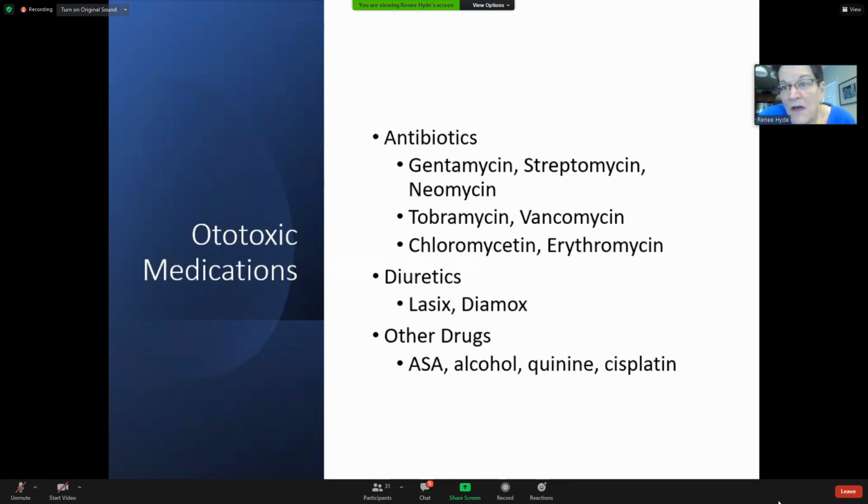So think about that whenever you're thinking about meds that are ototoxic. If it causes renal disruption, I would be very careful and assess this patient's hearing as well, okay?